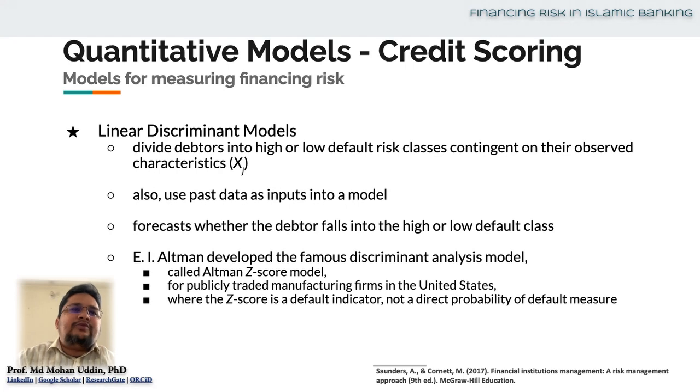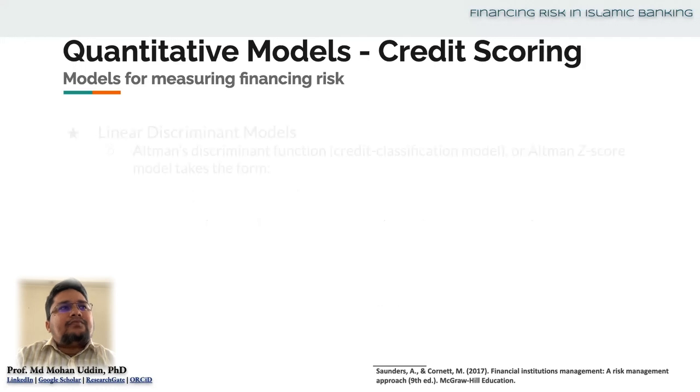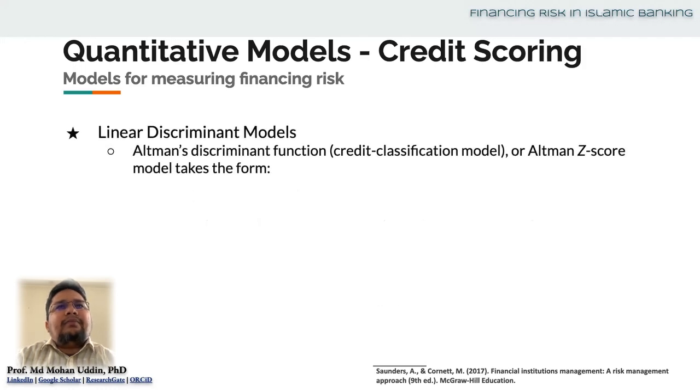If the value of the Z-score is above this, you can put the customers in this class, and if the value is below that, then you can put the customers in that class. But it does not provide you a direct probability of default like what we can get from the linear probability model and logit model.